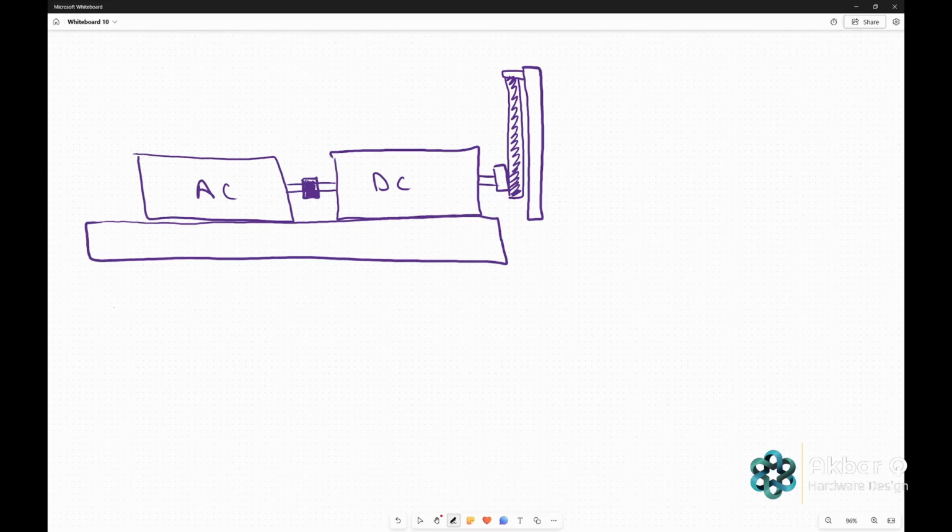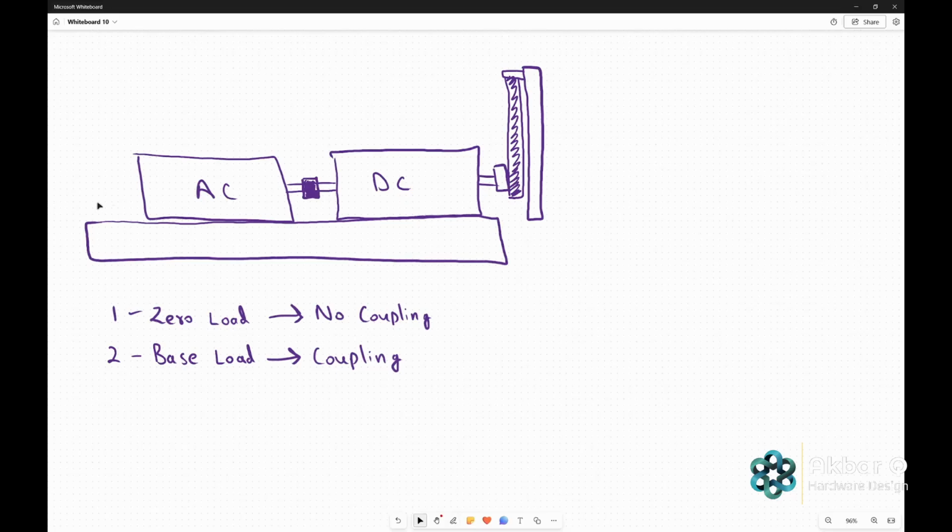So there is sheet number 1, zero load, and sheet number 2, base load. For zero load, no coupling is present. And for base load, coupling is present.